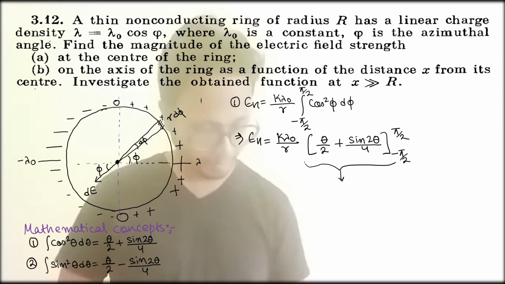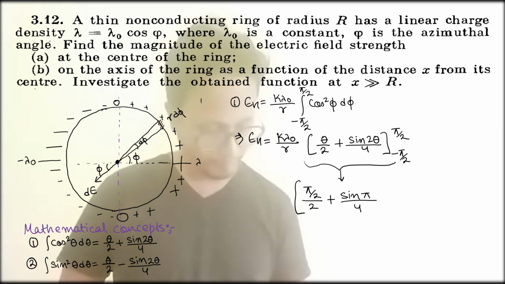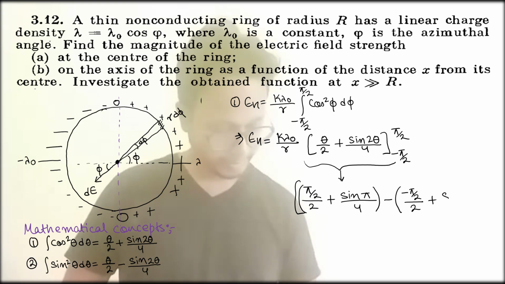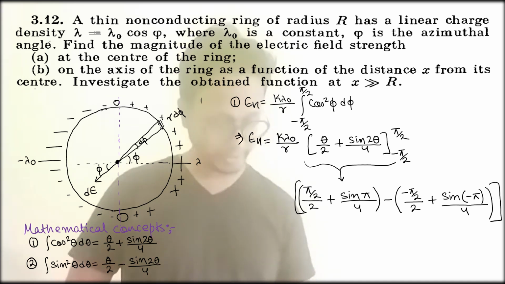Taking the upper limit, pi by 2 divided by 2 plus sine 2 into pi by 2, which is sine pi divided by 4. This is the first. Minus pi by 2 divided by 2 plus sine minus pi, divided by 4. I'm just solving for this much part.